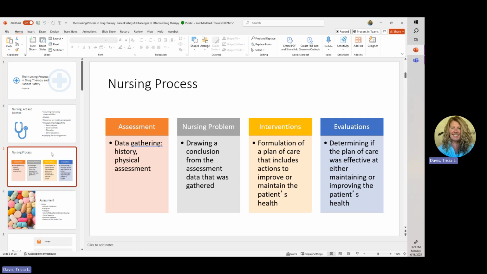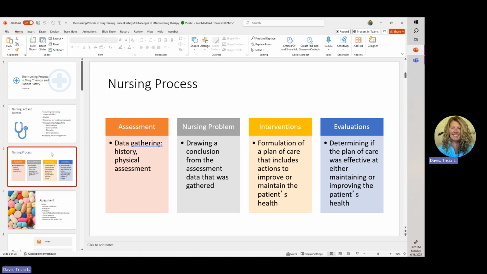When you walk in the room, you may hear audible wheezing coming from your patient because they're having a gas exchange issue. You may use your stethoscope to listen to them. You may be able to identify adventitious lung sounds. We might hear some crackles and some wheezes in there. So that would be an example of an actual problem that we would want to create an intervention for to be able to take care of.